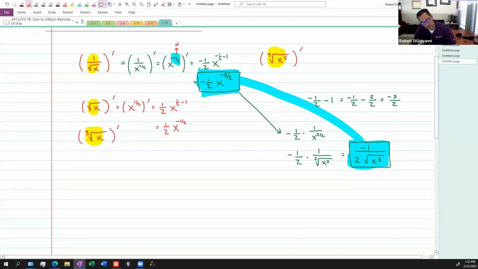I'm going to rewrite this as 1 over 2 times 1 over x to the positive half. But that just means 1 over 2 times 1 over the square root of x. And that just means 1 over 2 root x. So like I said, this answer in blue would be correct, but this answer in blue is also correct.